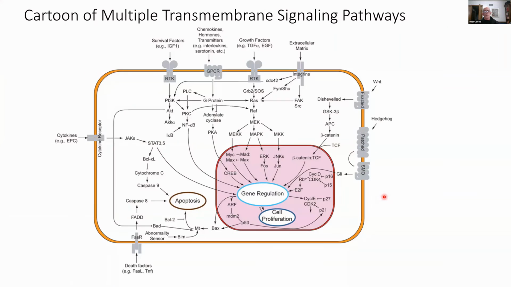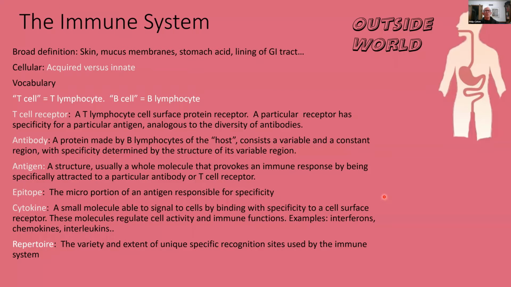Okay. So the immune system. In strictest terms, the immune system includes your skin and your mucous membranes and your stomach acid and the lining of the GI tract and everything that separates your internal body from the outside world.